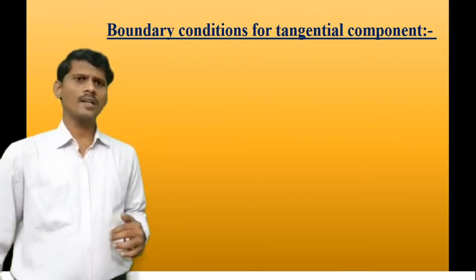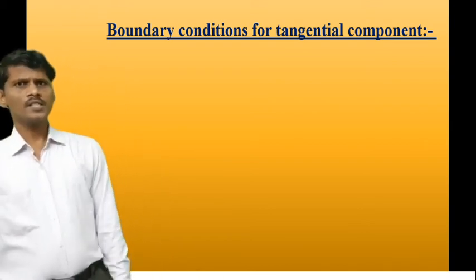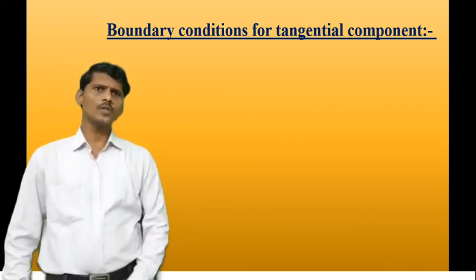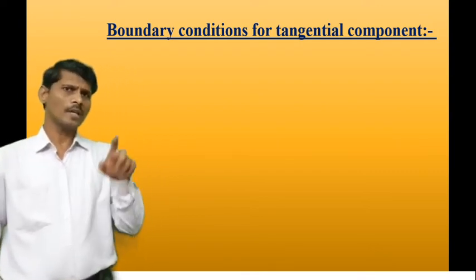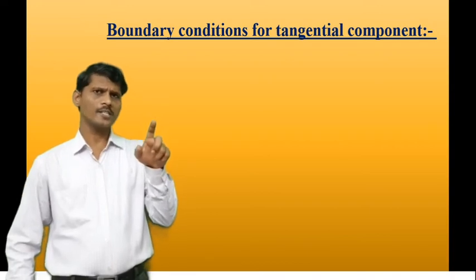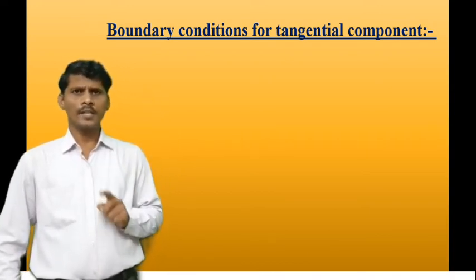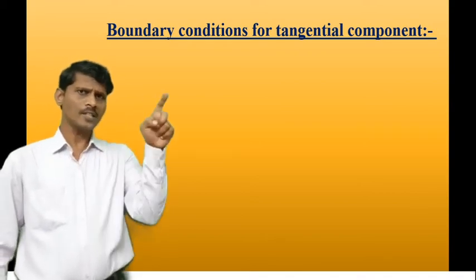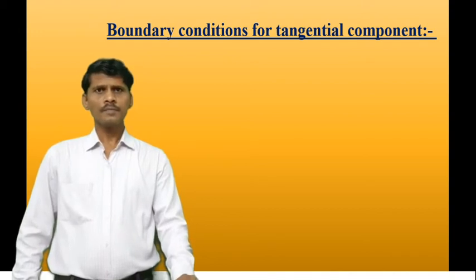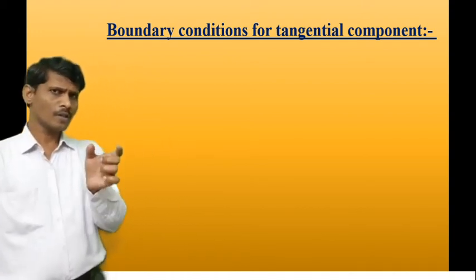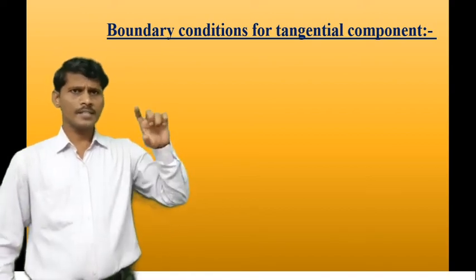Similarly, calculate the boundary conditions for tangential components. So consider the closed path. The closed path is placed in such a way that it can be evaluated in clockwise direction. That is path A to B, path B to C, path C to D, and path D to A. The width of path AB is delta w and the height is delta h.